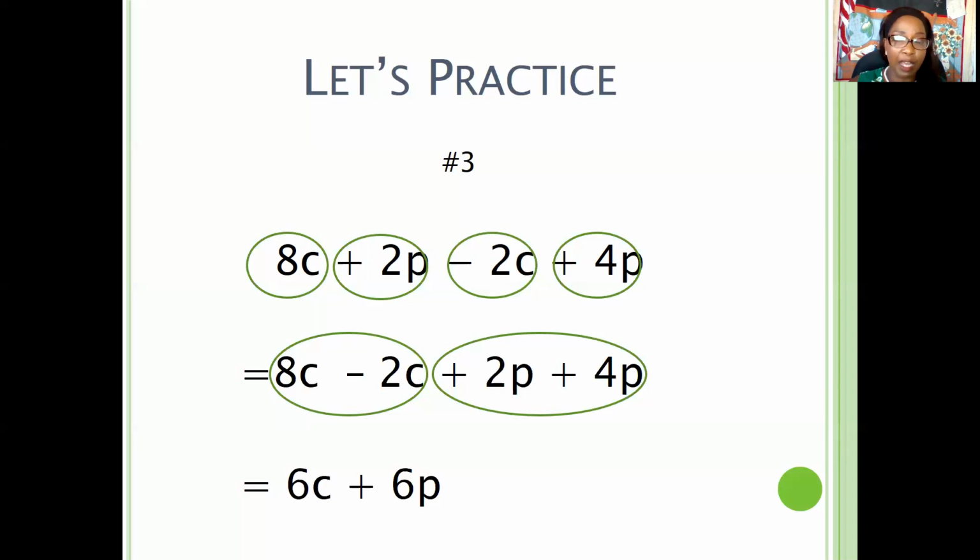When we simplify, 8 carrots take away 2 carrots, 6 carrots. Yes, although you might be reading one thing on the screen, in my mind, this is what I am thinking. And 2 pens plus 4 pens would be 6 pens.